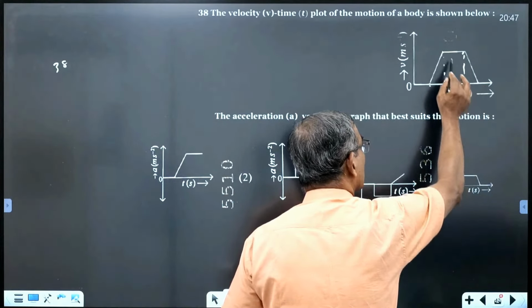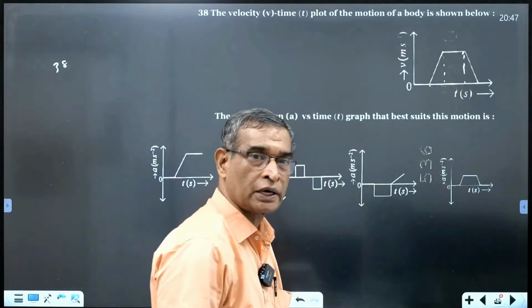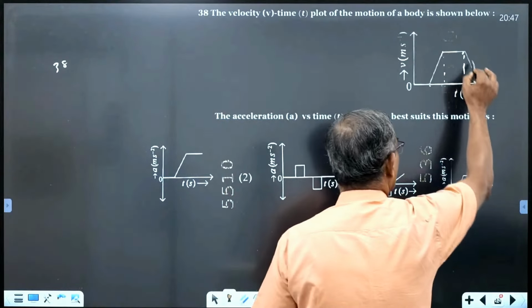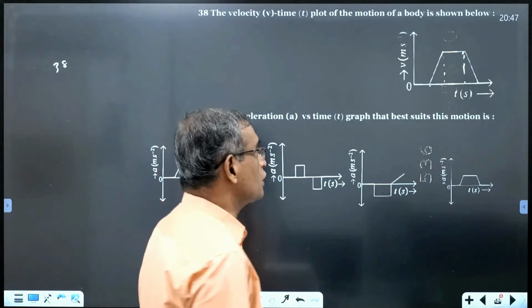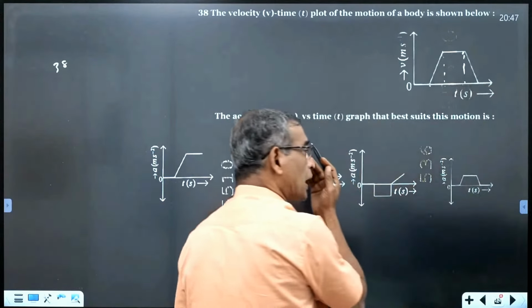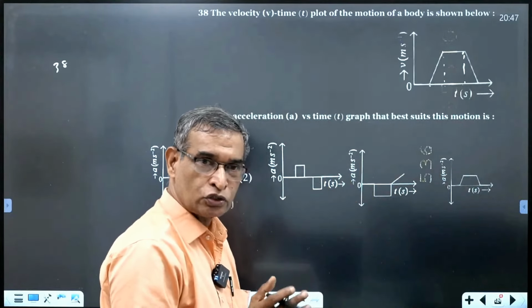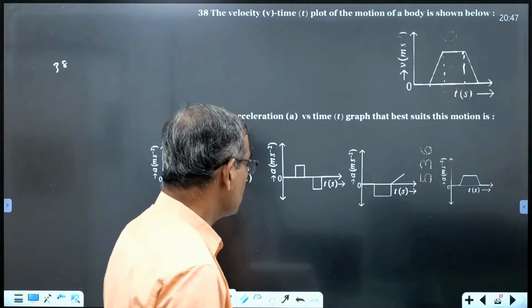Then during this interval the slope is 0, no acceleration. And during this interval, the same slope but negative. So the slope is the acceleration: constant, then 0, then negative acceleration.